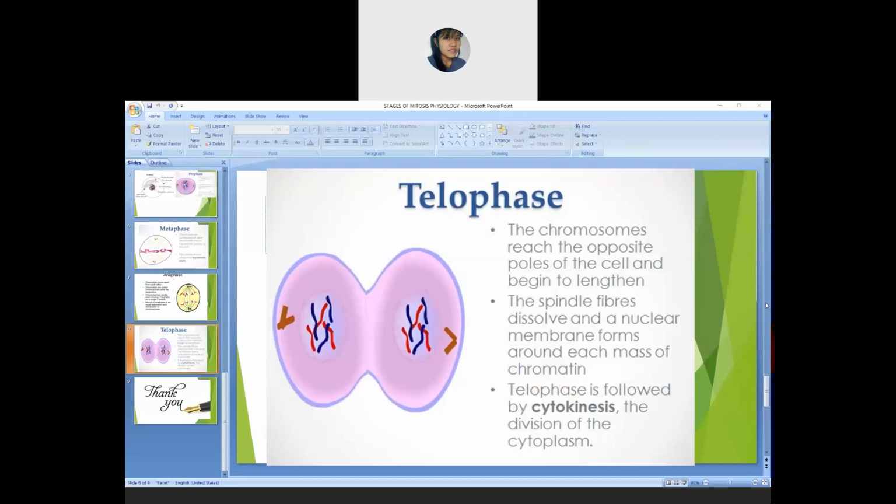From one cell, into how many cells will it be divided? Before, the cell was only one. So when it gets divided, into how many cells will it come out?